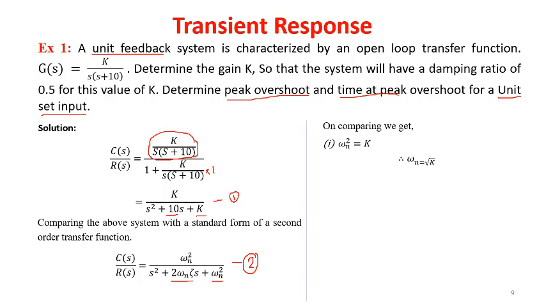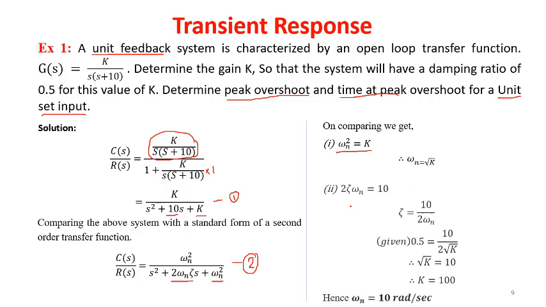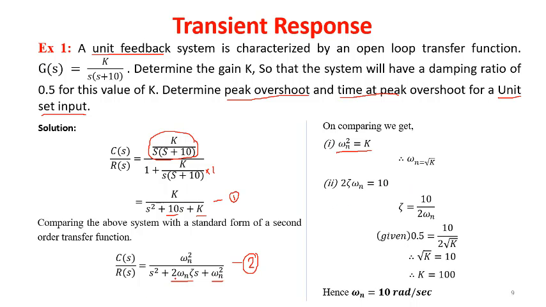Comparing, we get omega n square equal to K, therefore omega n equal to root of K. Similarly, 2 zeta omega n equals 10. Therefore zeta is equal to 10 divided by 2 omega n.